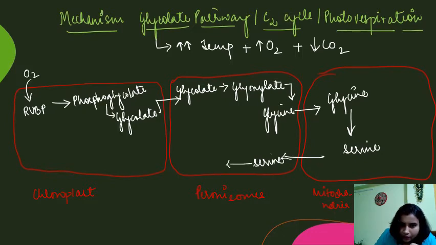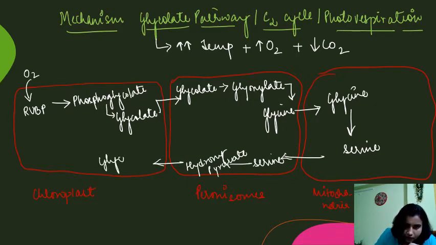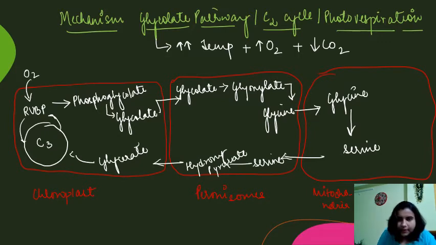Serine will form hydroxypyruvate. This then forms again glycerate, and then this is C3 cycle, right? So this is the entire cycle.